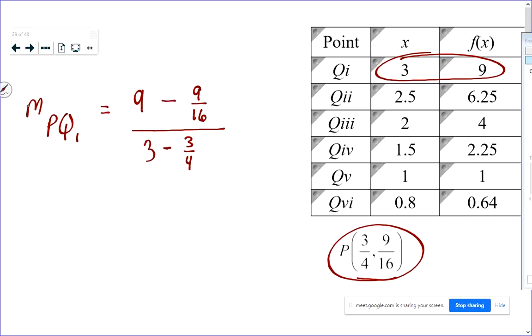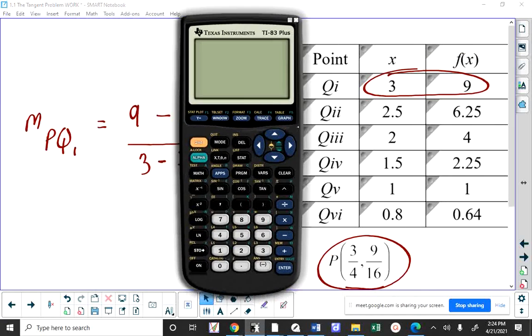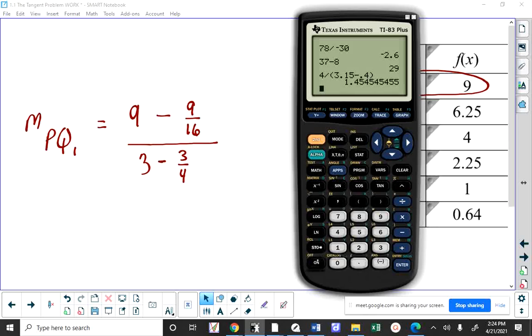I'm taking y minus y over x minus x, so I'm just applying what we've already done with slope calculations. So 9 minus 9/16 divided by, in brackets, 3 minus 3/4 gives me a slope of 3.75.